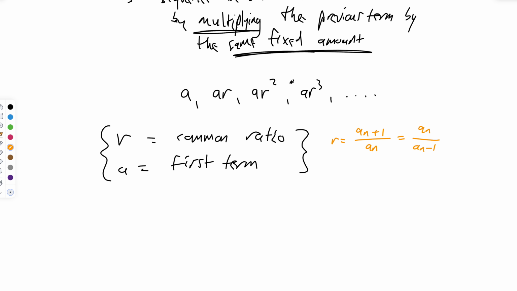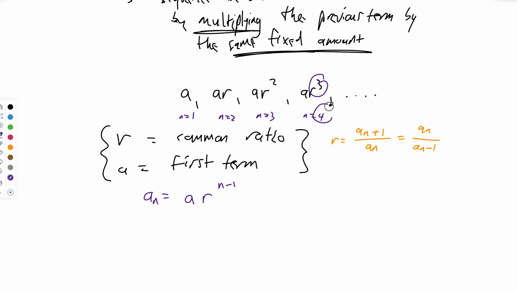Now, to get the general term, a sub n, think about this. If I want the fourth term, where n is 1, n is 2, n is 3, n is 4, and so on, the pattern would be a times r to the n minus 1.